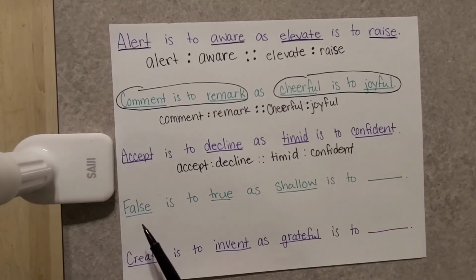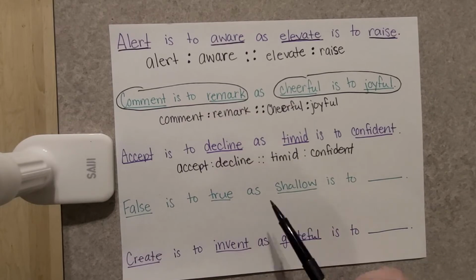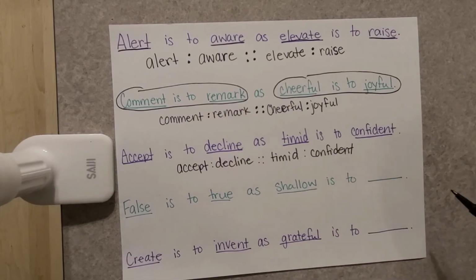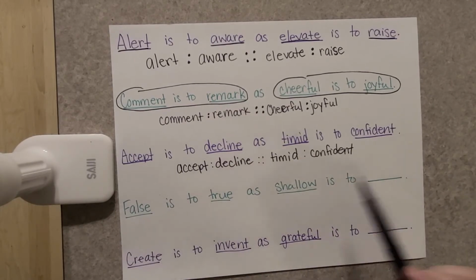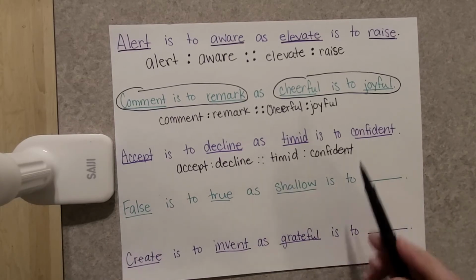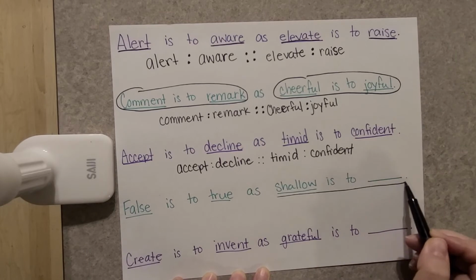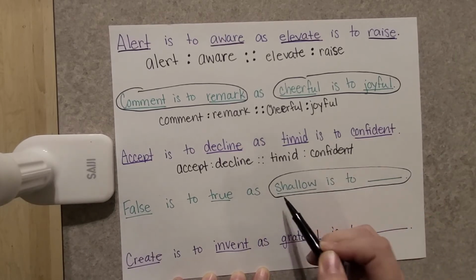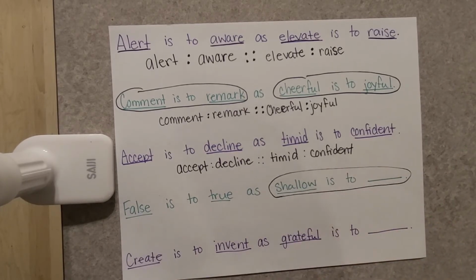Now I have false is to true, as shallow is to blank. So I can't just fill in any word I want there. I need to make sure that this pair is compared the same way as this pair.